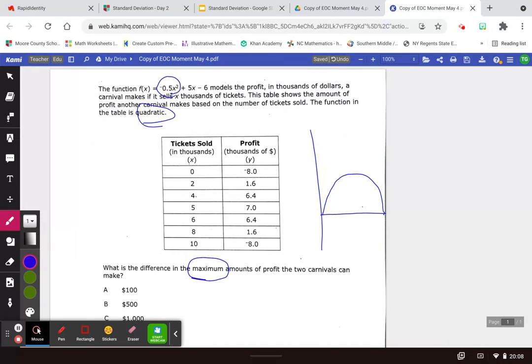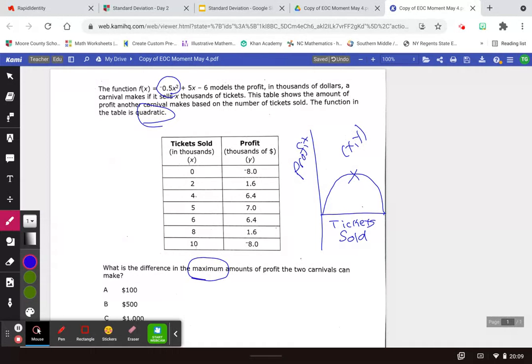It is opening downward. There is my maximum. My x-axis is the tickets sold. My y-axis is going to be the profit. And what it's asking me is the maximum amounts of profit the two carnivals can make. So what I'm looking for is the coordinates of my vertex.